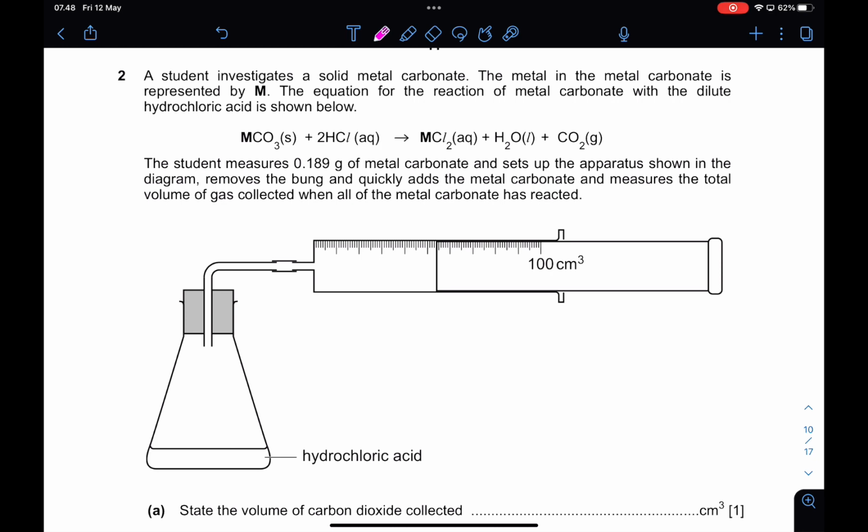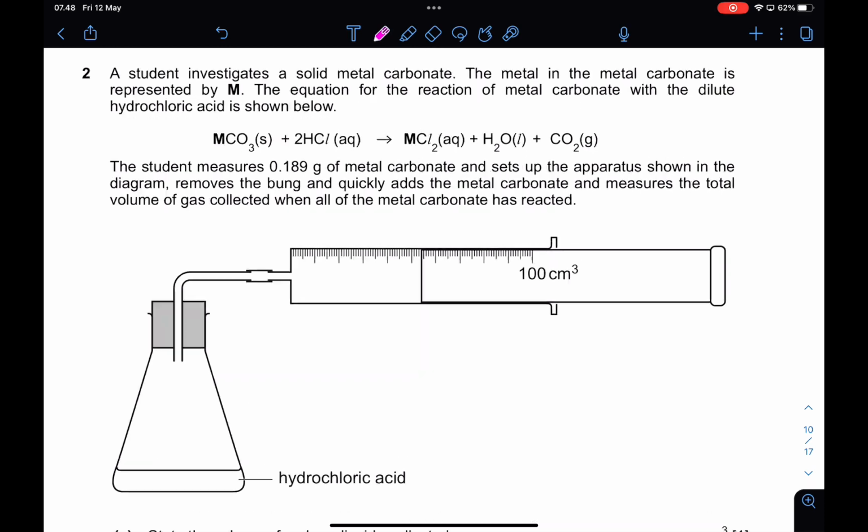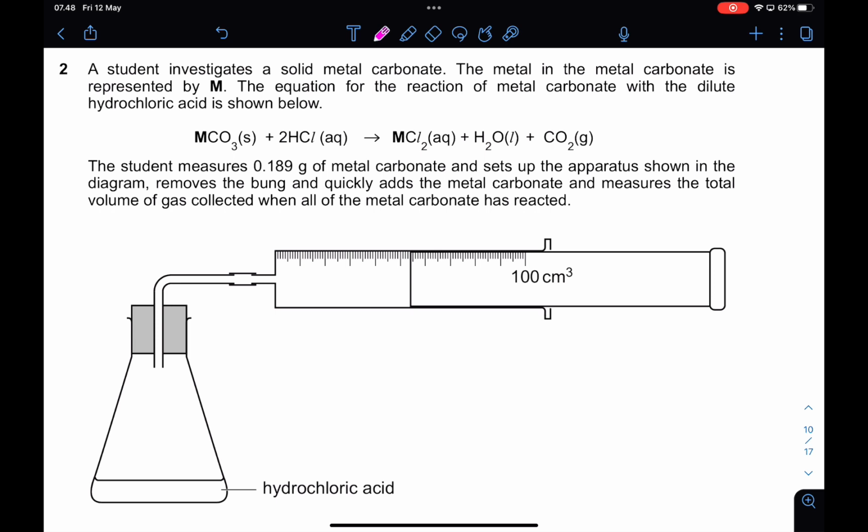Next, number 2. A student investigates a solid metal carbonate. The metal in the metal carbonate is represented by M. The equation for the reaction is given over here. The student measures 0.189 gram of metal carbonate.